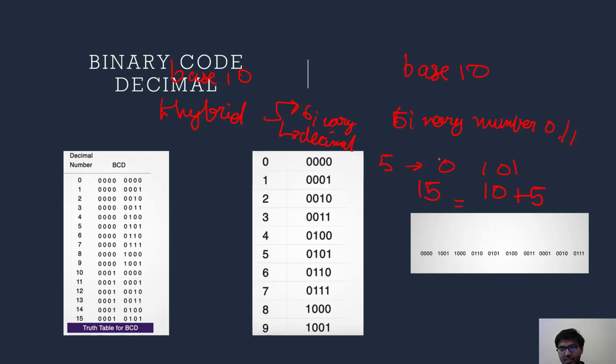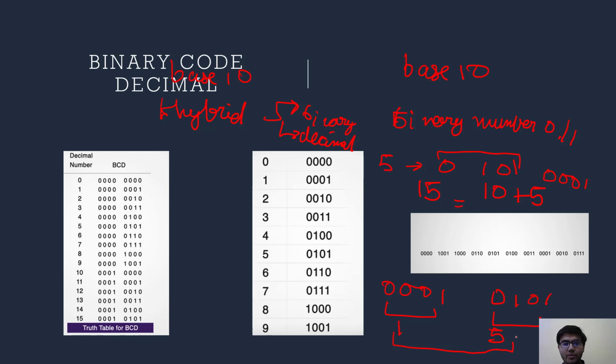This represents 5, and I could represent the digit 1 as 0 0 0 1. So if I want to represent 15, I would write 0 0 0 1 and 0 1 0 1. This represents 1, this represents 5. So it is 15, but written in the form of binary digits.